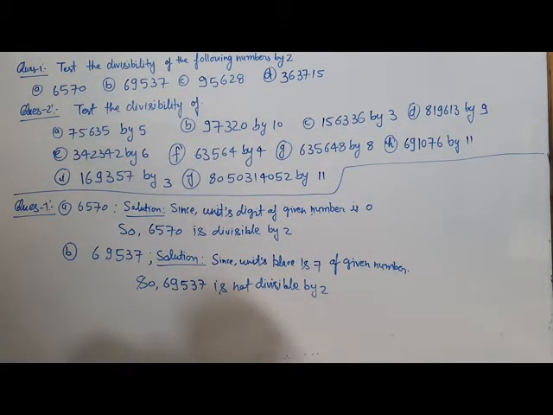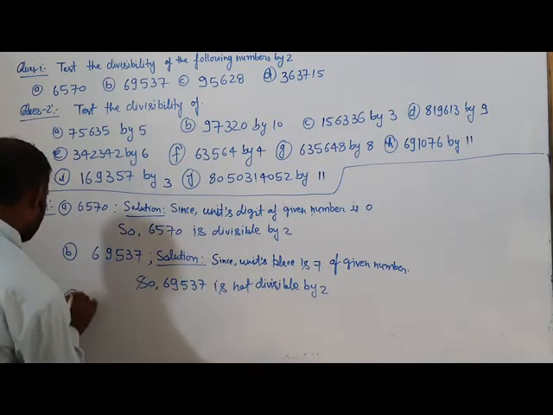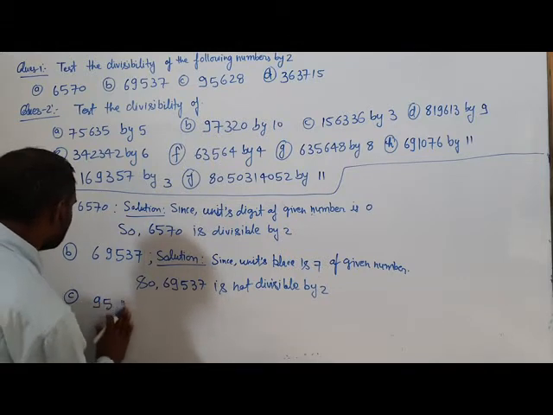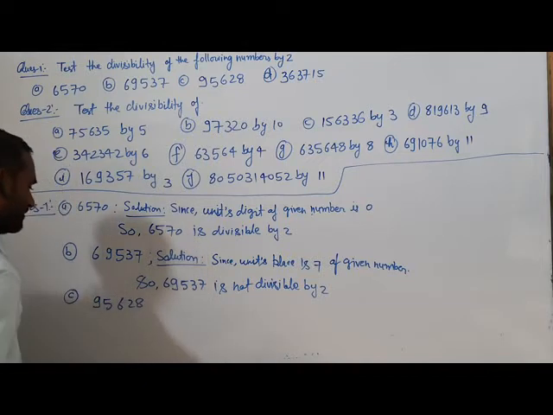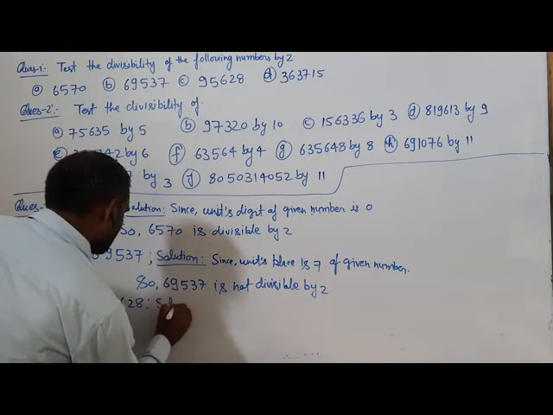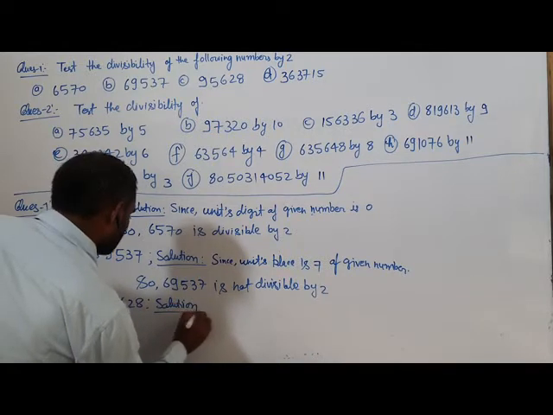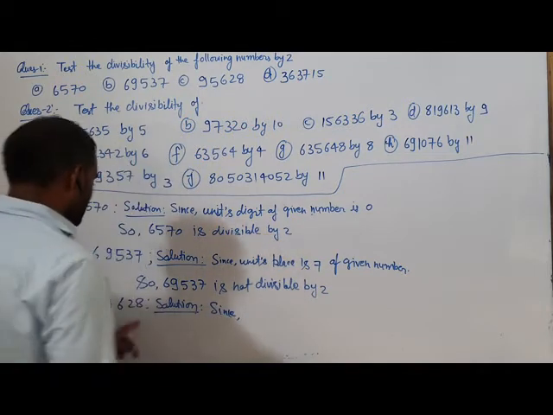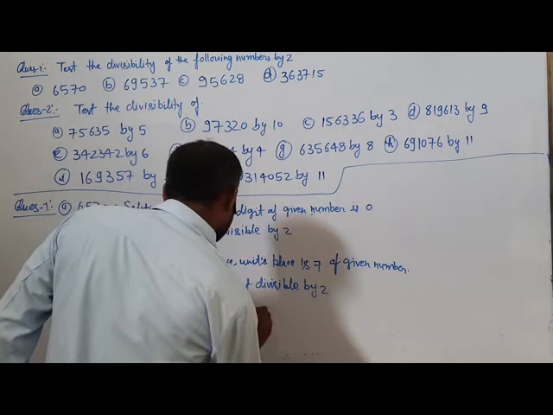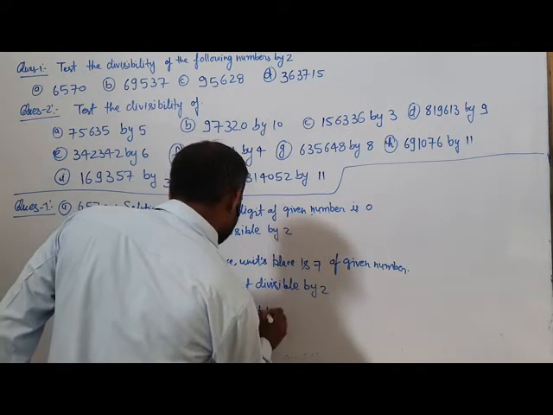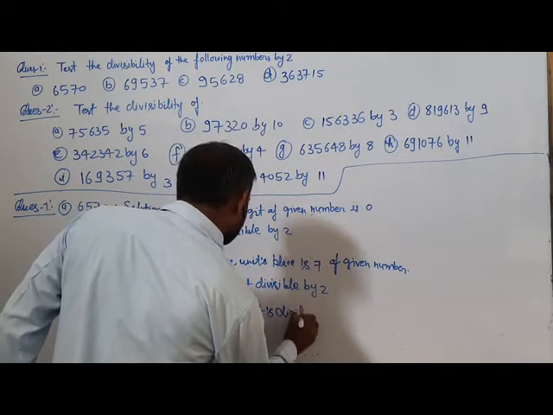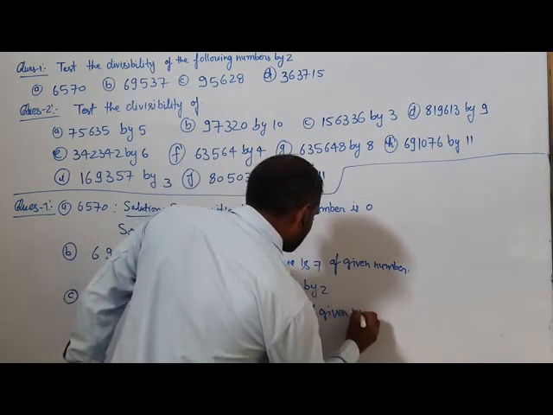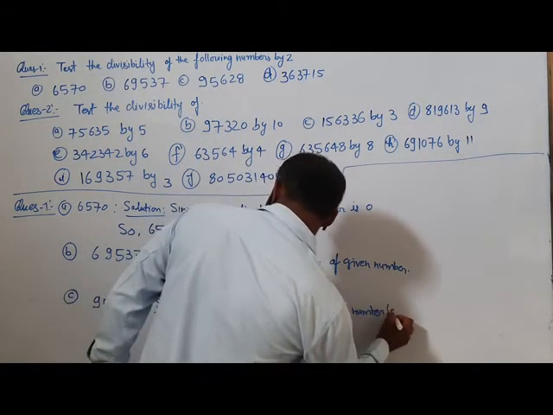Option C. C is 95,628. Solution. Friends, the unit digit of the given number is 8.